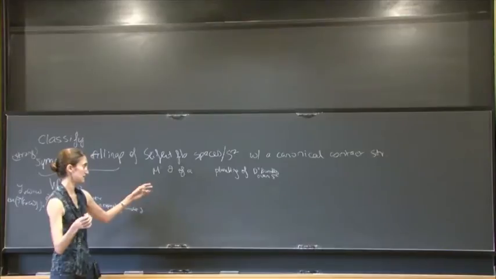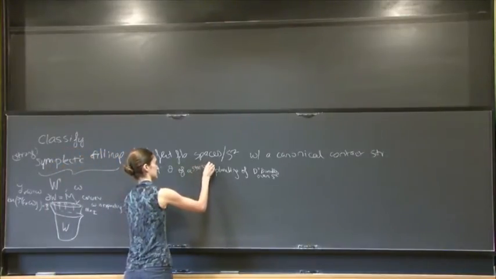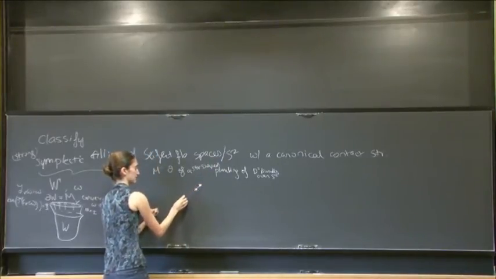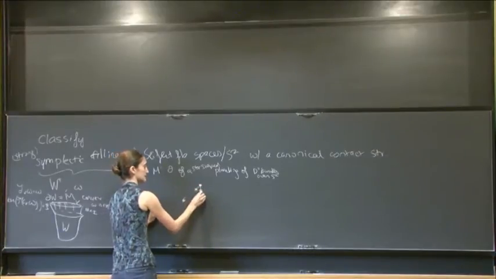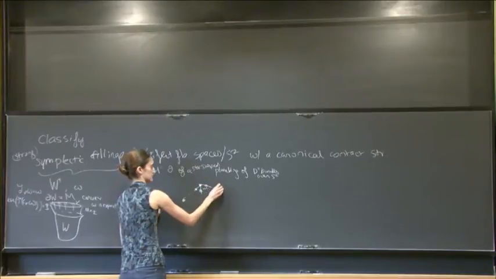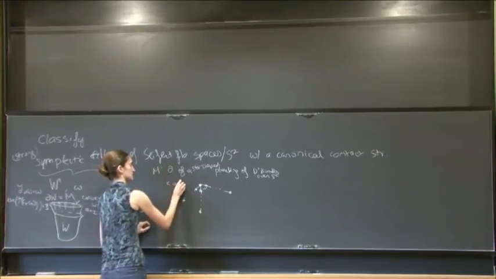And the plumbing should be plumbed together according to a star-shaped graph. So this graph will have one central vertex of valence k, and then k arms emanating from it, which are just linear. So this has k arms.